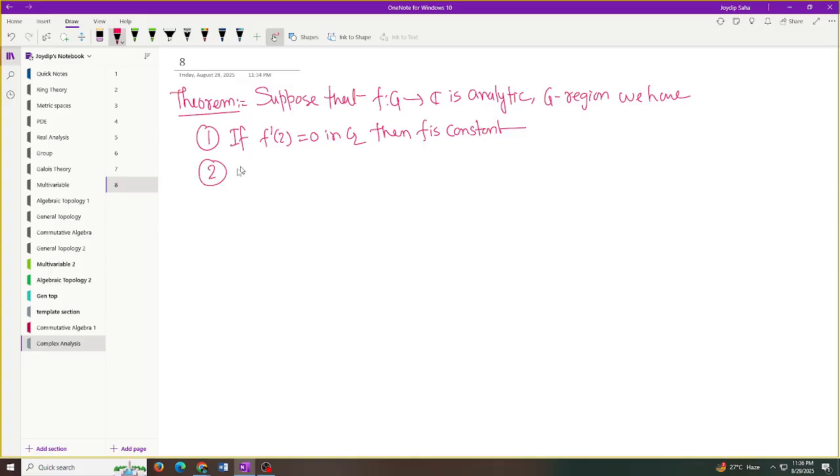If one of real f, imaginary f, argument f is constant in G, then f is constant.